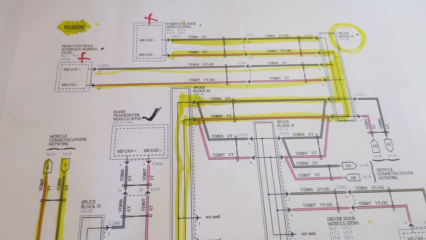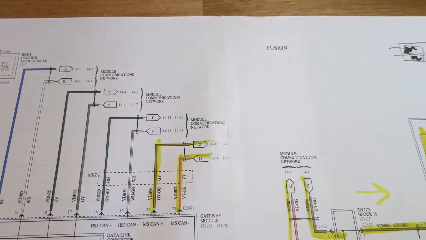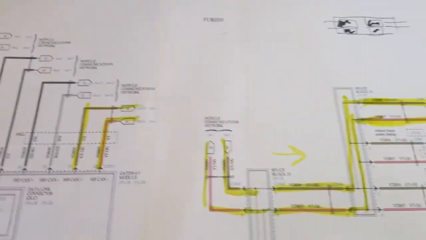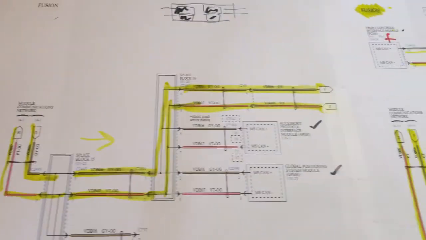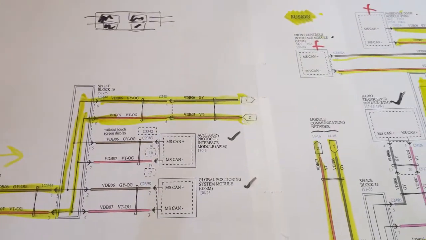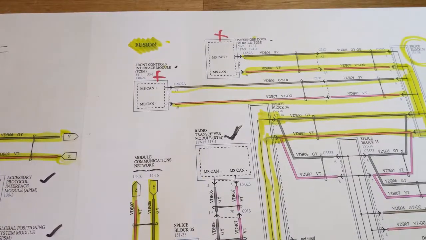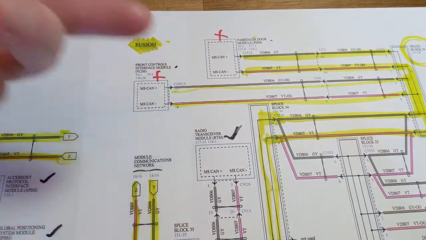And there you go. If you use a little bit of common sense, a little bit of learning how the wiring diagram works and how communication works, you can use process of elimination by looking at what your network test is telling you, not necessarily just your codes, because your codes could have led you astray.